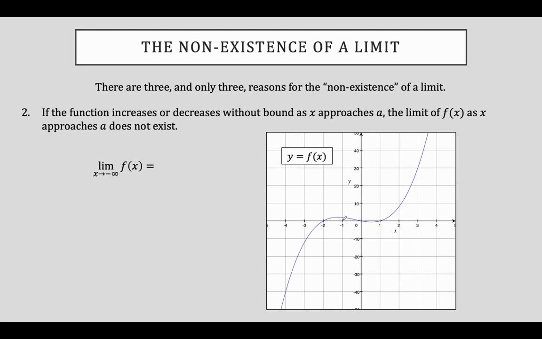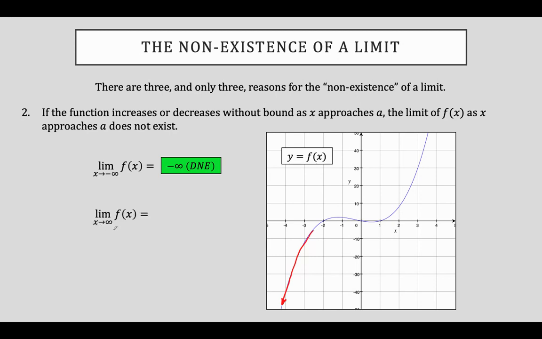In other words, what is this graph doing as it goes to the left, as the x values go to -infinity? Well, I'm on my curve, and as my x values go to -infinity, what are the y values doing? They are also approaching -infinity. Therefore, we put -infinity, and because -infinity is not a real number, we also specify DNE.